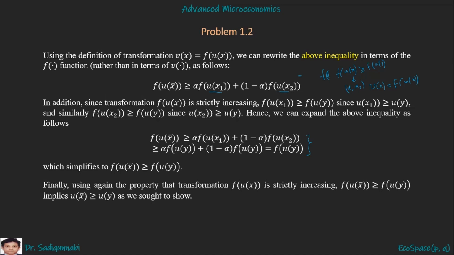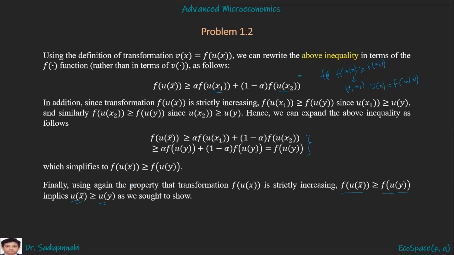can use the property of transformation that is strictly increasing. So function of ux bar is greater than or equal to function of uy, and this implies that ux is greater than or equal to uy.